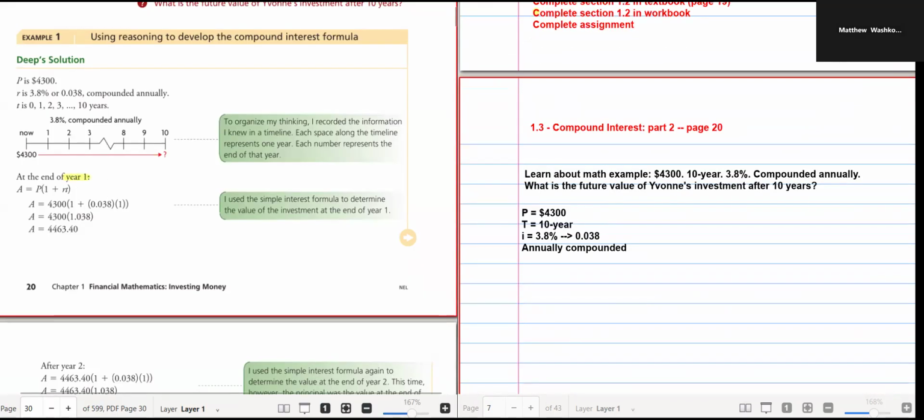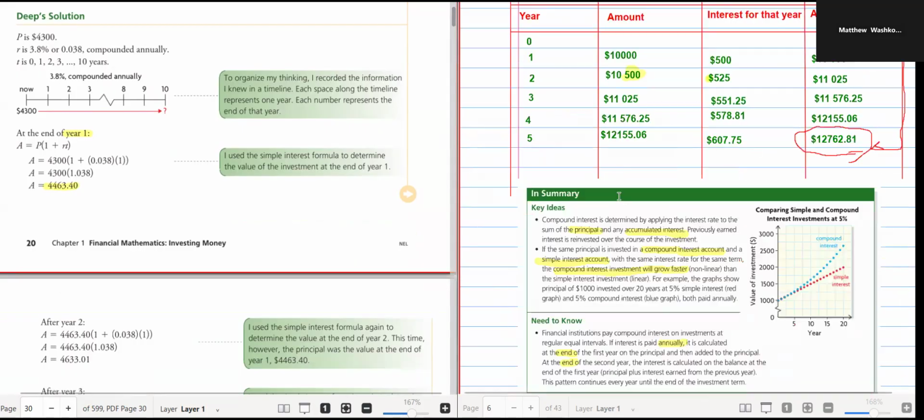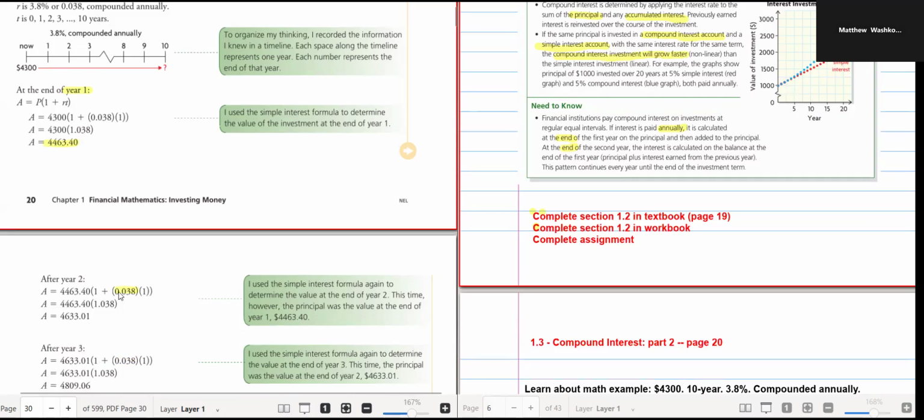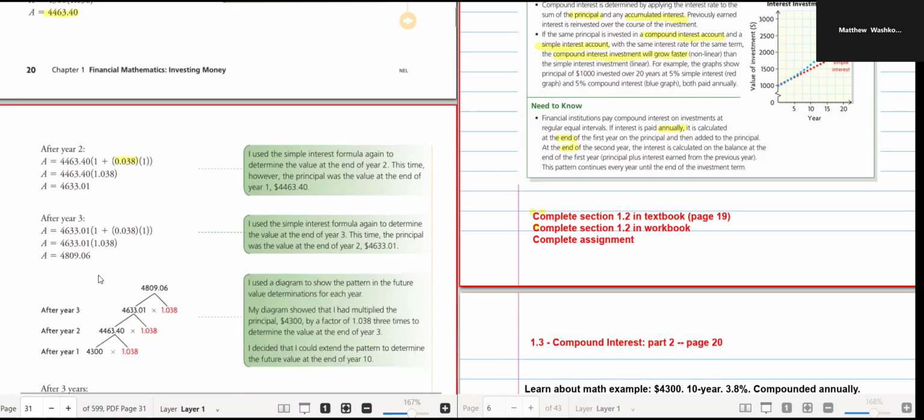Now I want to talk about what's happening with this. In year one, they just did that formula, right? They plugged it in: one plus the interest rate, to the power of the term. It's calculated for 1 year, compounded once. So we're going to do it for just 1 year. And they got $4,463. After year two, they did the exact same thing we did up here, right? They took the new amount, and they times it by 1 plus 0.038, 1 plus 0.038, and so on and so forth.